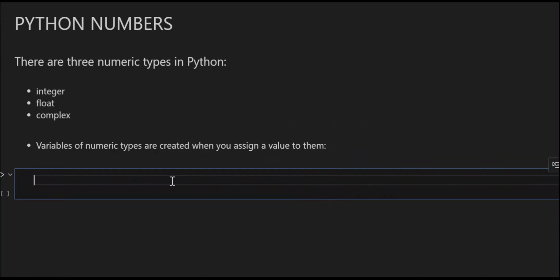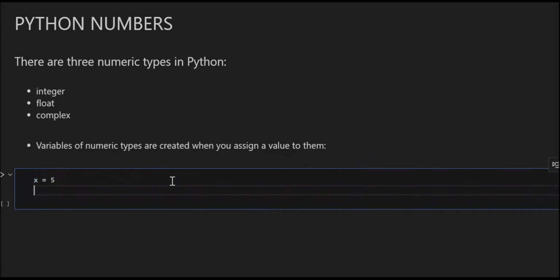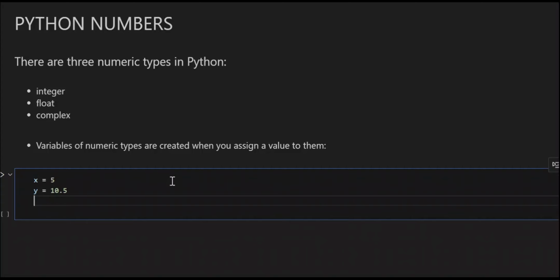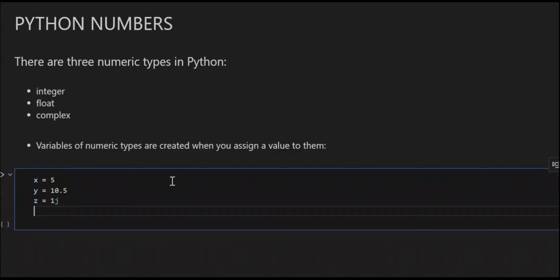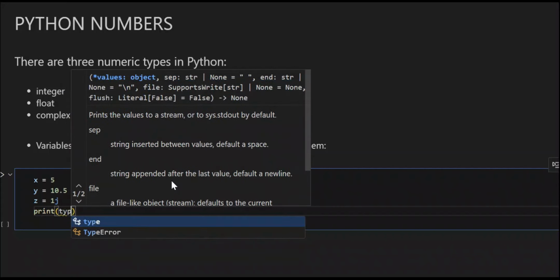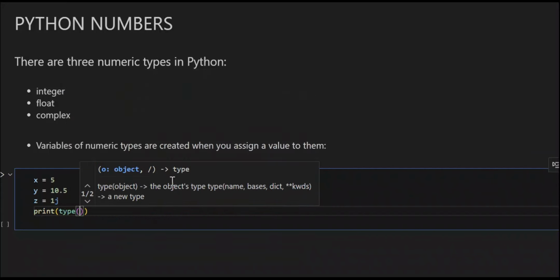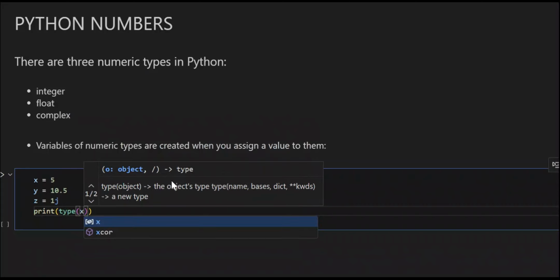Example code is x equal to 5, y equal to 10.5, z equal to 1j. Okay, now I am printing print type of x.